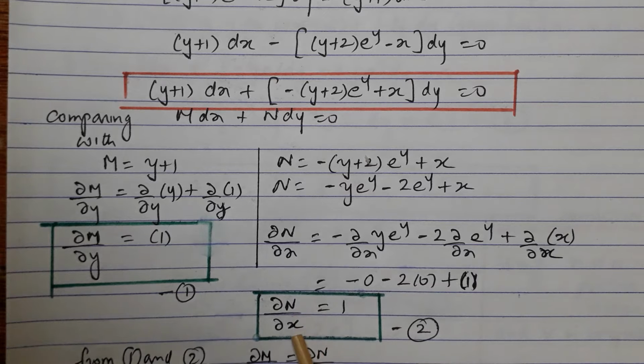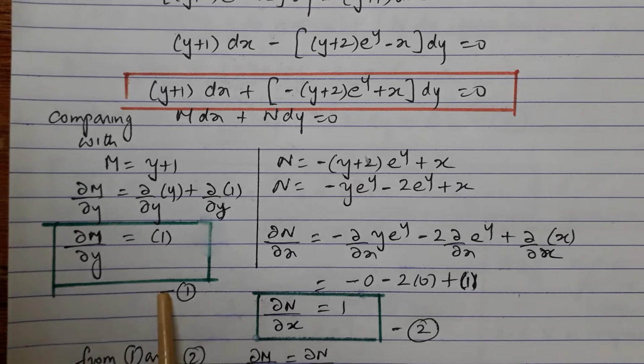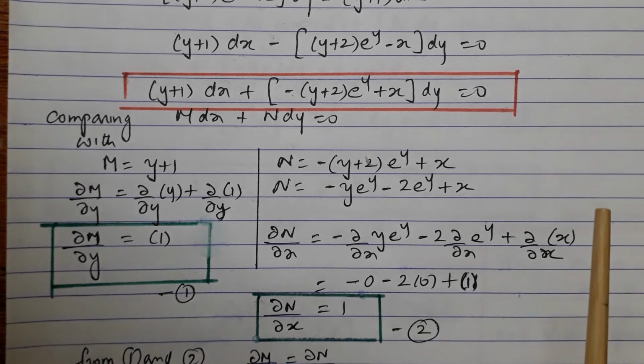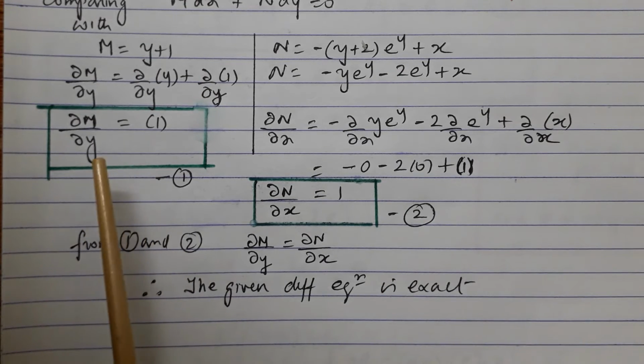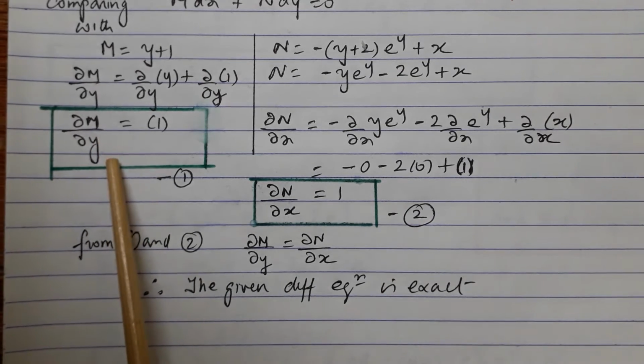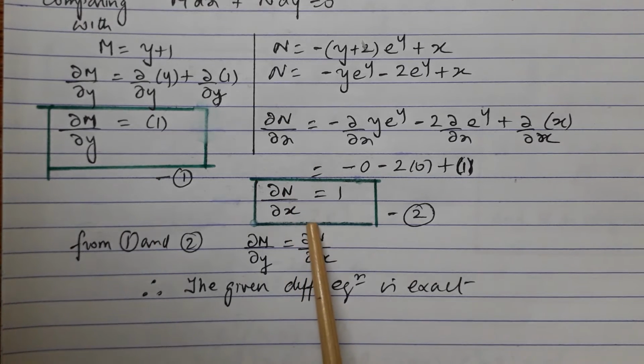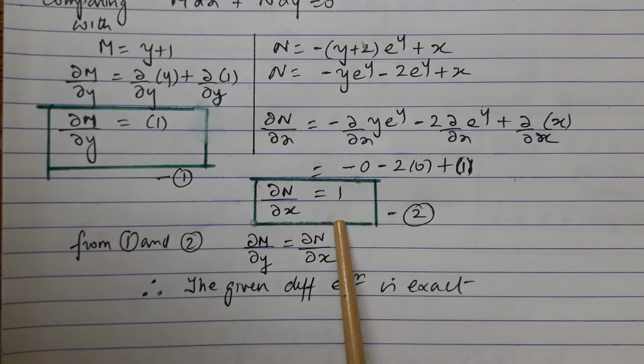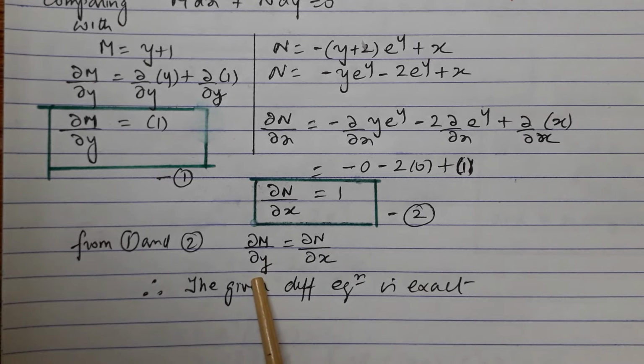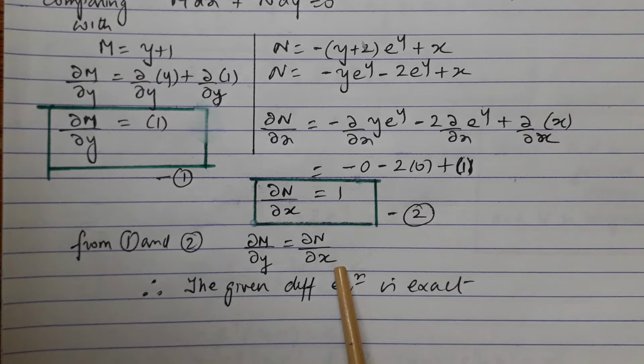So del N by del x is equal to 1. So from 1 and 2, we can see that del M by del y is equal to 1, del N by del x is equal to 1. So del M by del y is equal to del N by del x. So we can say that the given differential equation is exact.